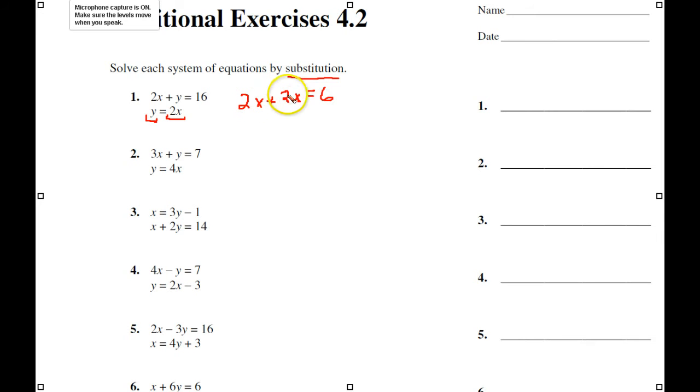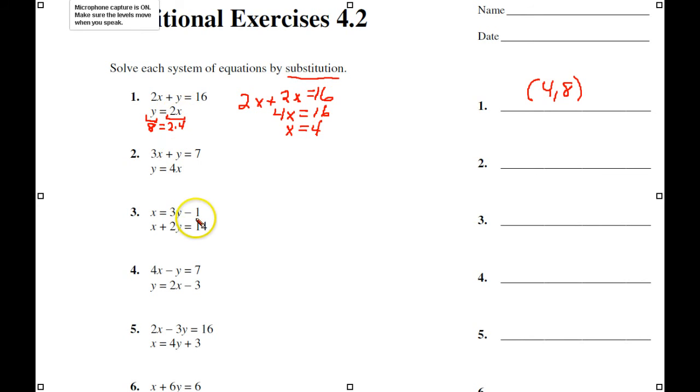We now have just one variable, group like terms, and we find that x equals 4. So if x equals 4 here, 2 times 4 is 8. And that would be our ordered pair, (4, 8). And the method we used was substitution.